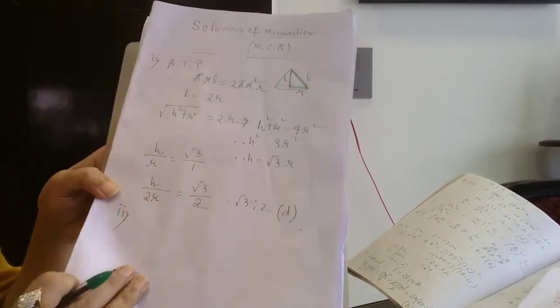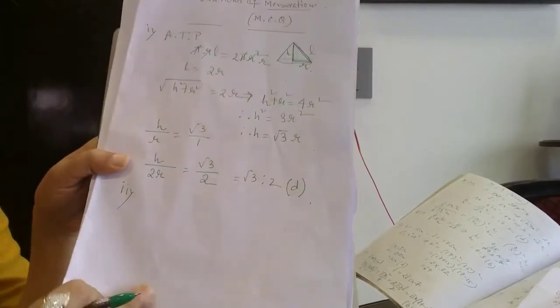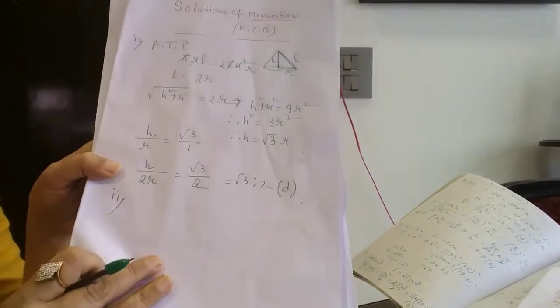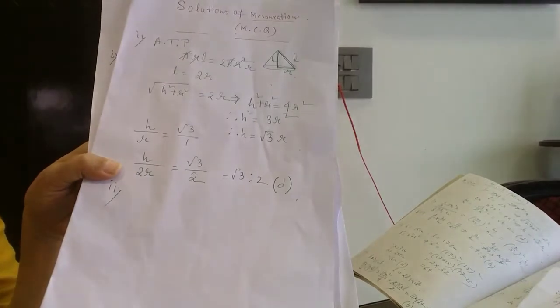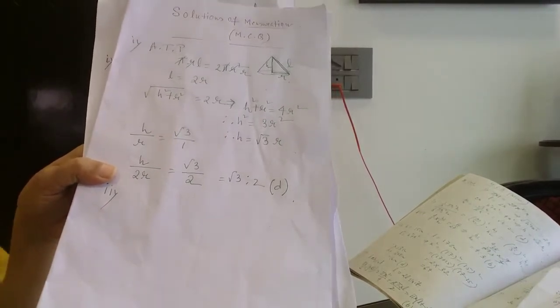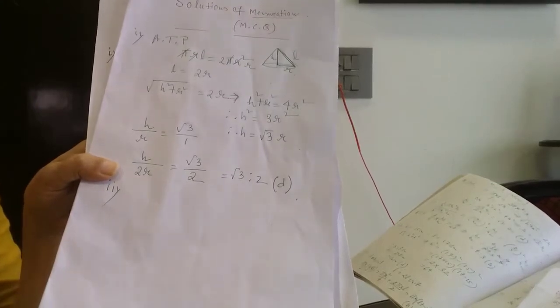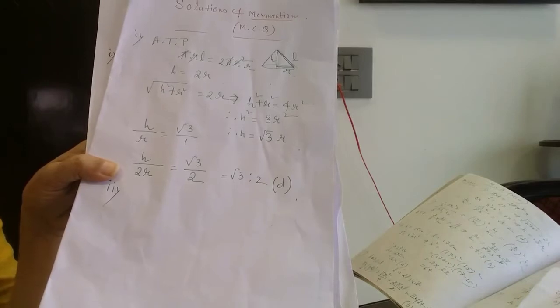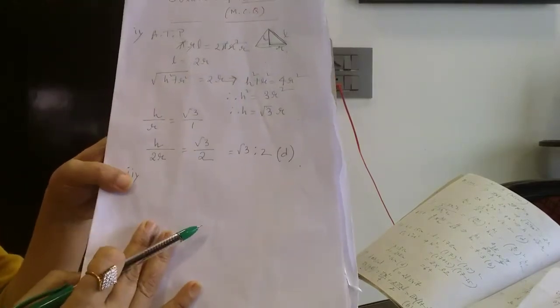What is the formula of the volume of a cone? You know it: 1/3 pi r square h. Clear? 1/3 pi r square h.